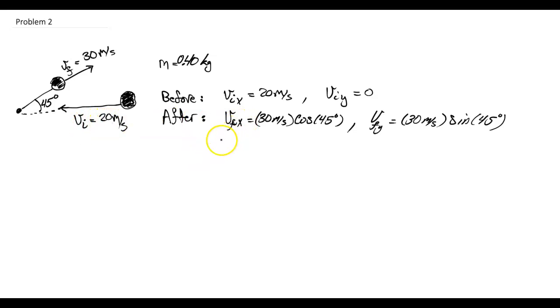And because sine and cosine are the same for 45 degrees, we get that this is 21.2 meters per second for both cases.